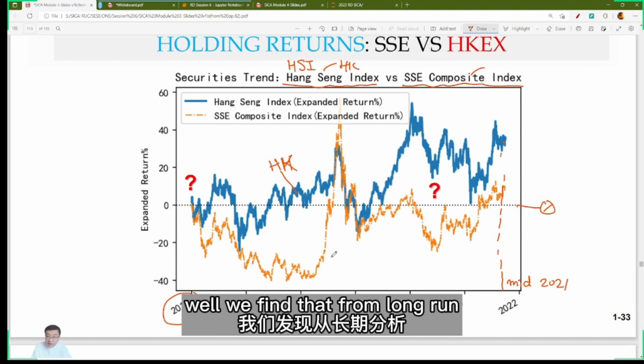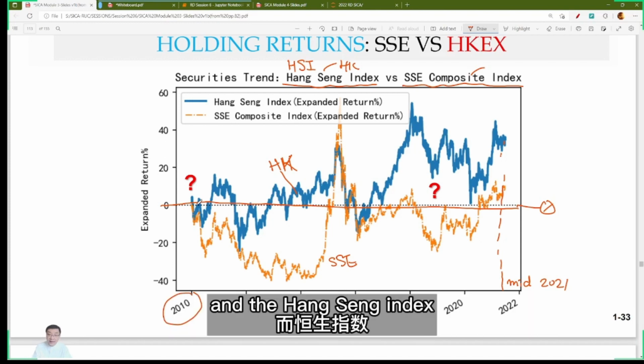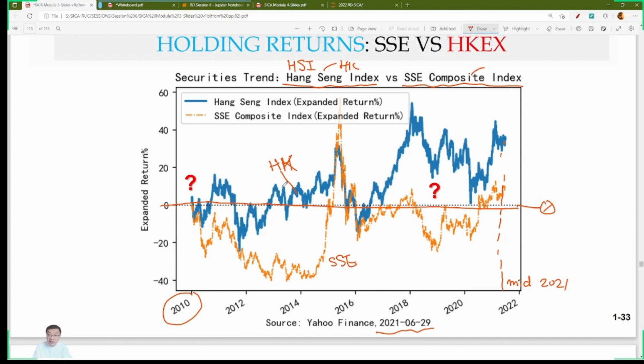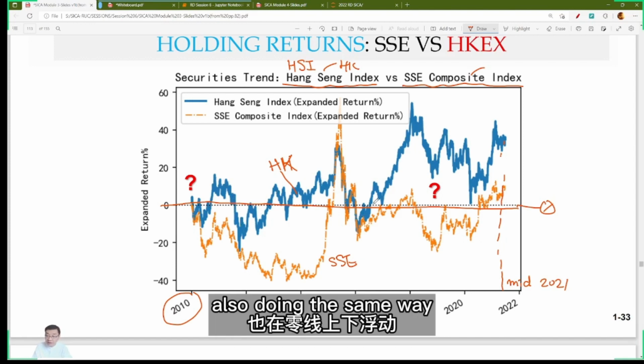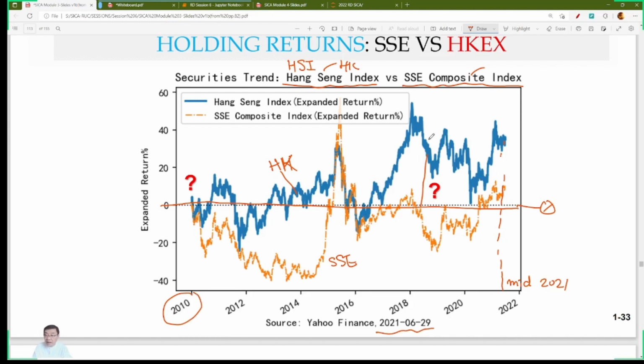Well, we find that from long run, the Shanghai side is fluctuating around the zero line. And the Hang Seng Index is also doing the same way. But most of the time it's above the zero line, right?